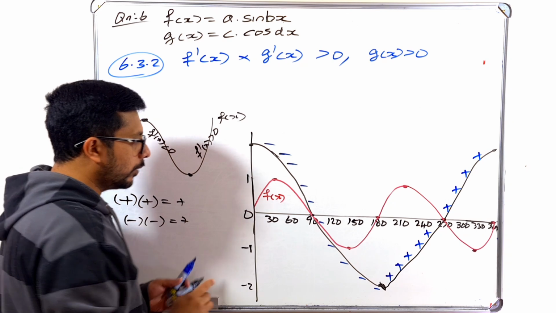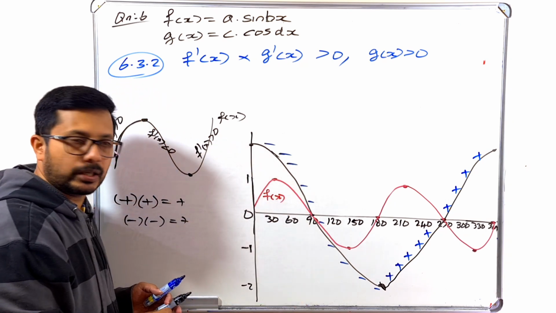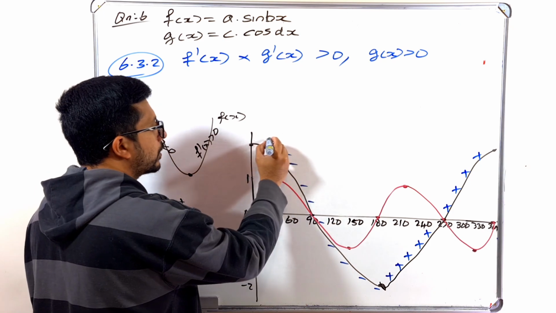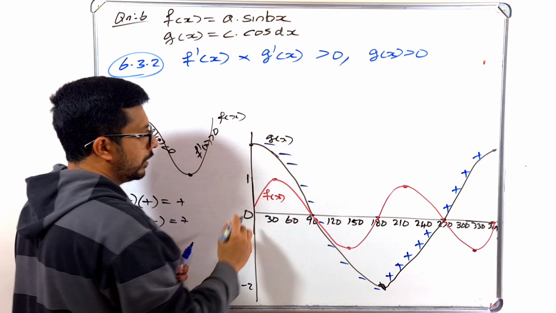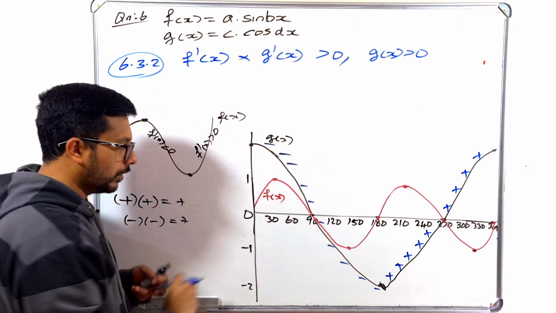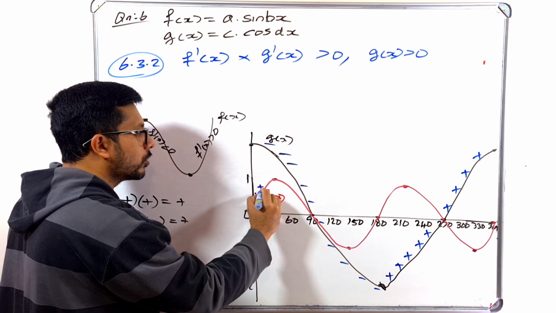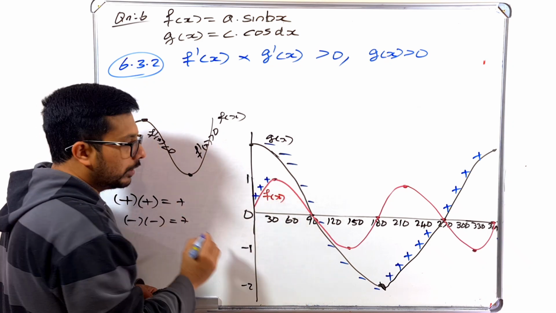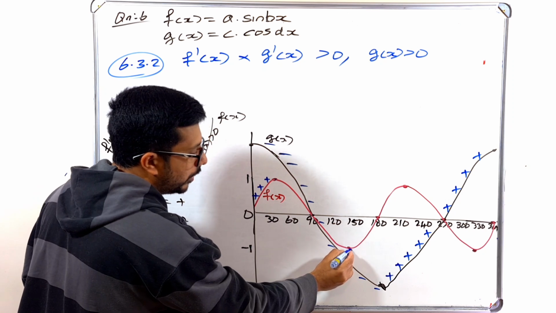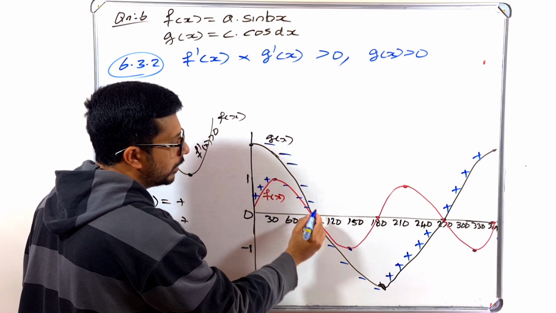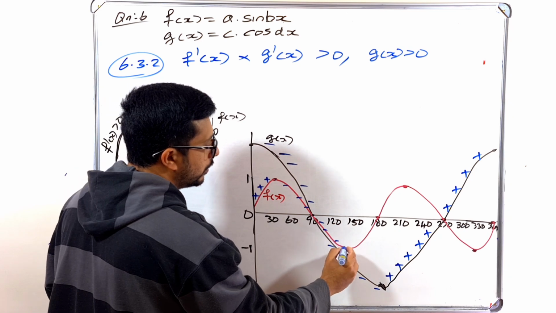Similarly, the same applies for the second graph, the f of x graph also. So this one is the g of x graph. What about the f of x graph? Here you can see that it is increasing, so it's positive up to this point. Then it is decreasing up to here, so it is negative up to there.